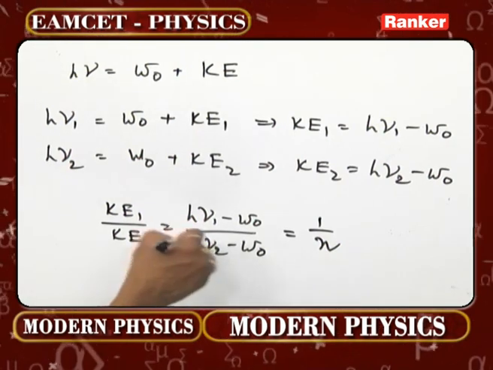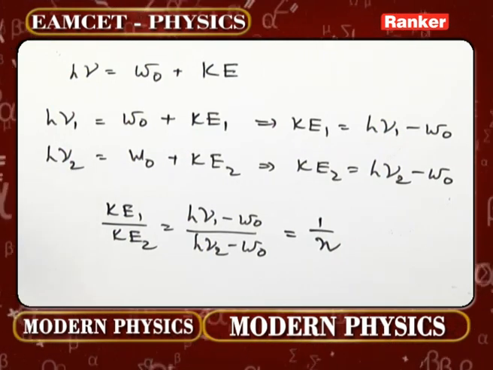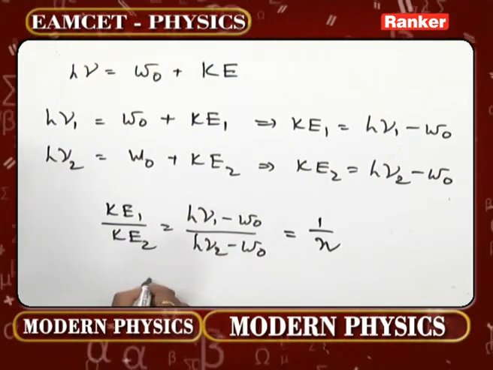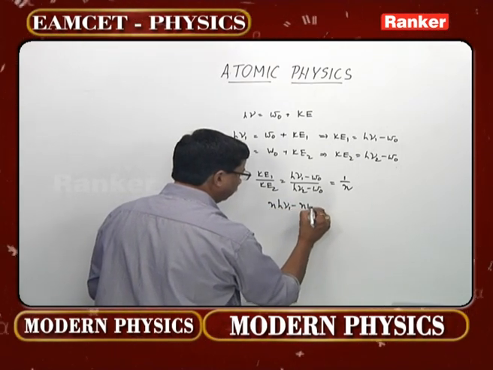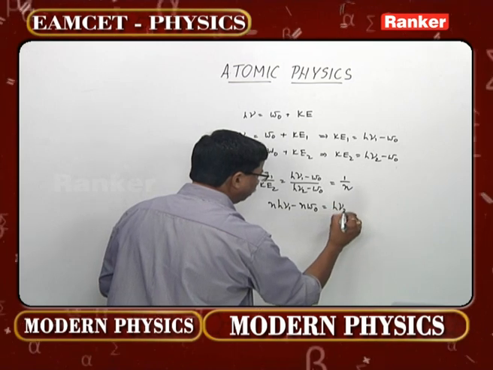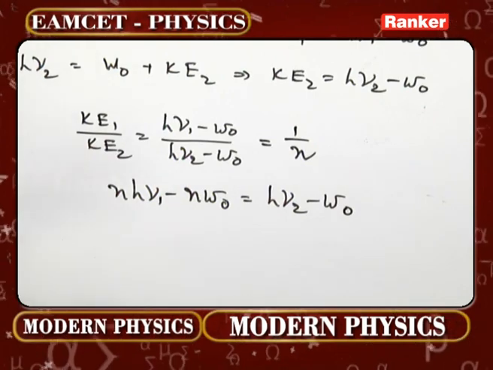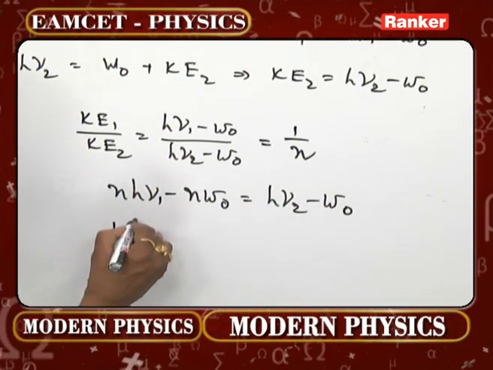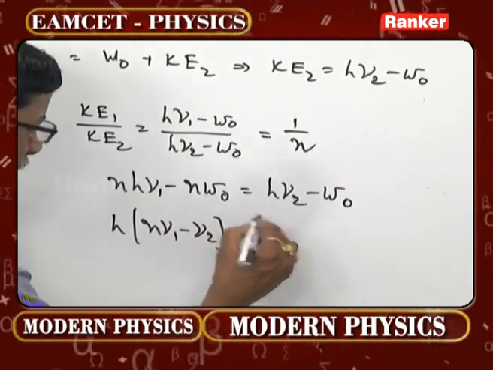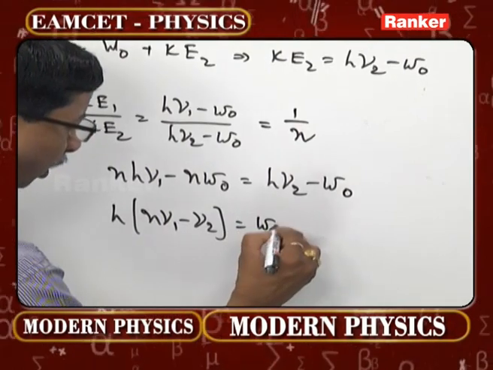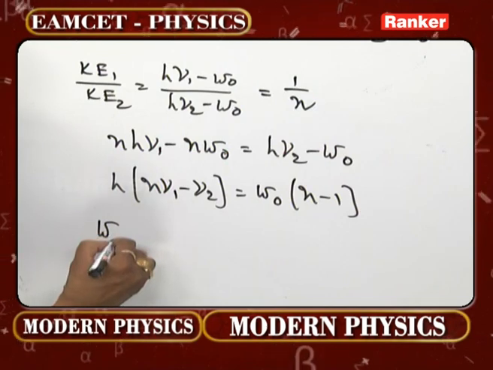So if you just cross multiply this one and calculate the value of work function, first and foremost what we can do here, N times H nu1 minus N times W naught is equal to H nu 2 minus W naught. Of course, nu1 is greater he is talking about. Therefore, bring this one this side. H into N nu1 minus nu2 is equal to this going that side W naught into N minus 1 you are left with. So, what will be W naught now?